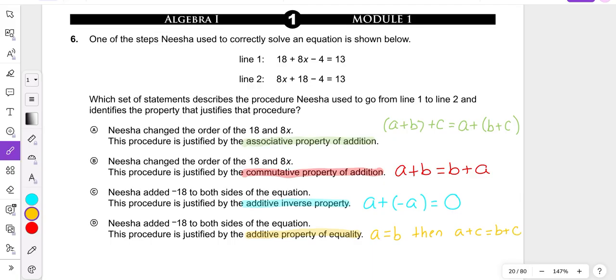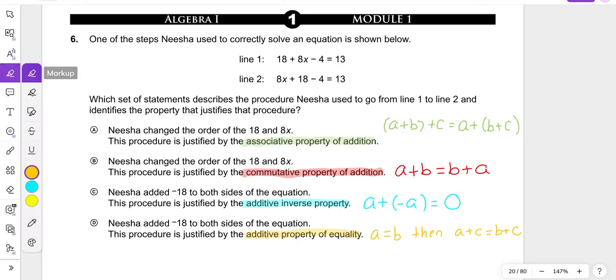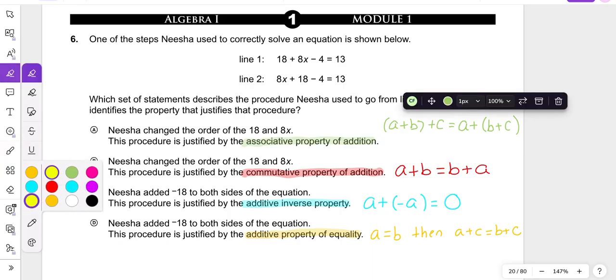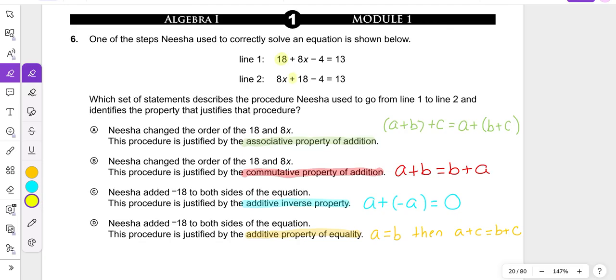Now going back to the original problem, what is important is this information up here. Notice that 18 in line 1 starts as the first thing in our problem, but then moves to the second part of the problem. So we got some rearranging there.